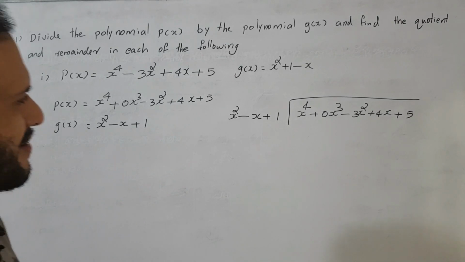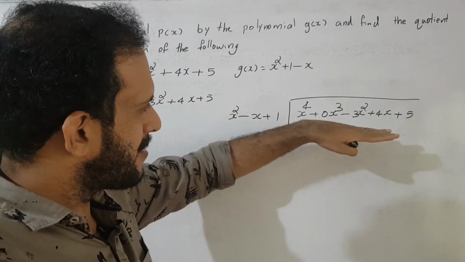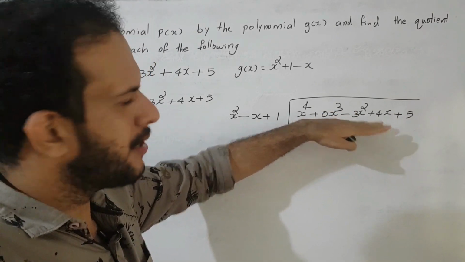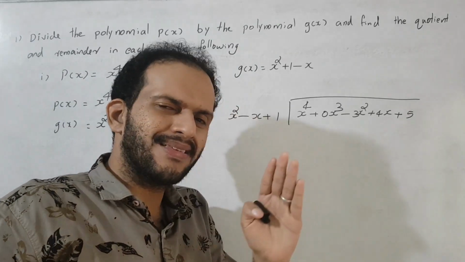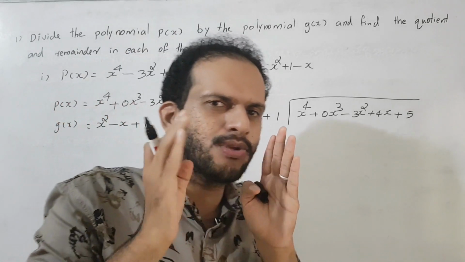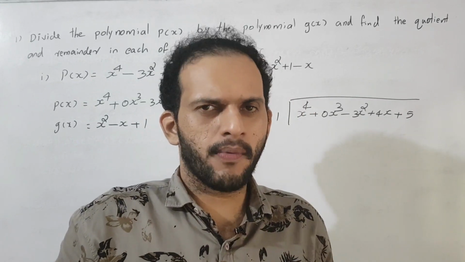We already studied how to divide polynomials, correct? This is the dividend and this is the divisor. We always divide the highest power of the dividend by the highest power of the divisor.